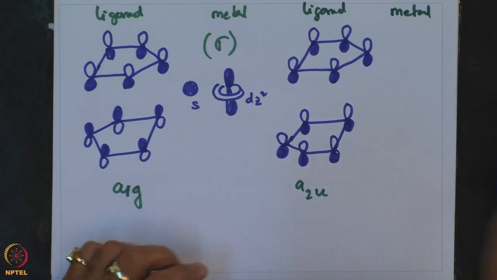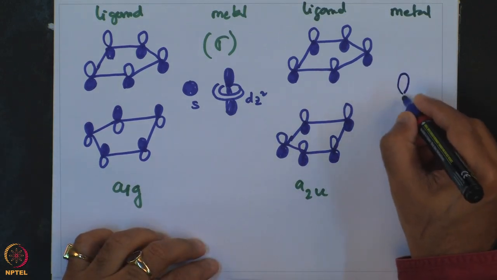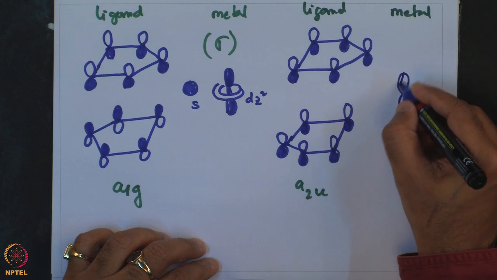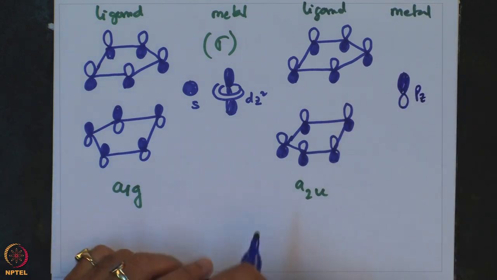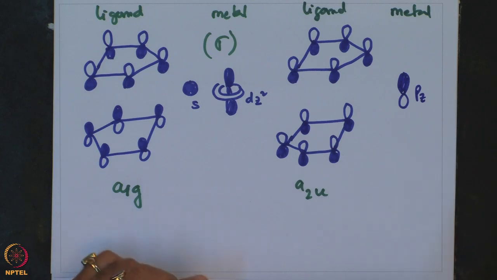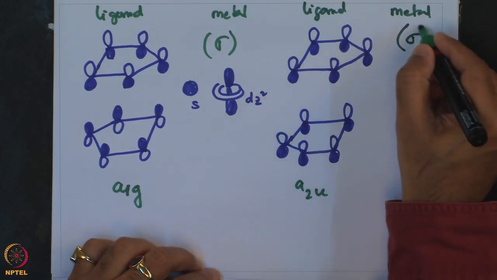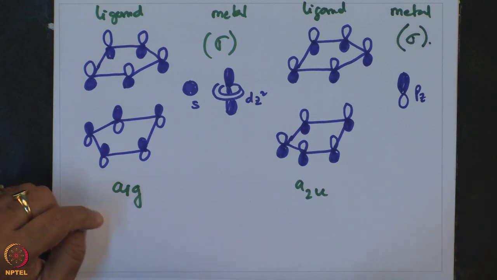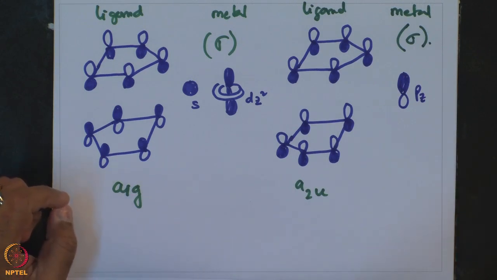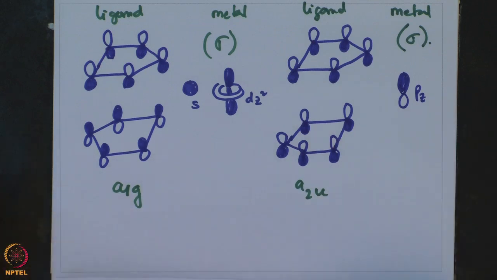The corresponding metal orbital is Pz, and this also is a sigma type interaction. Now, this sigma interaction in metal is almost 0.